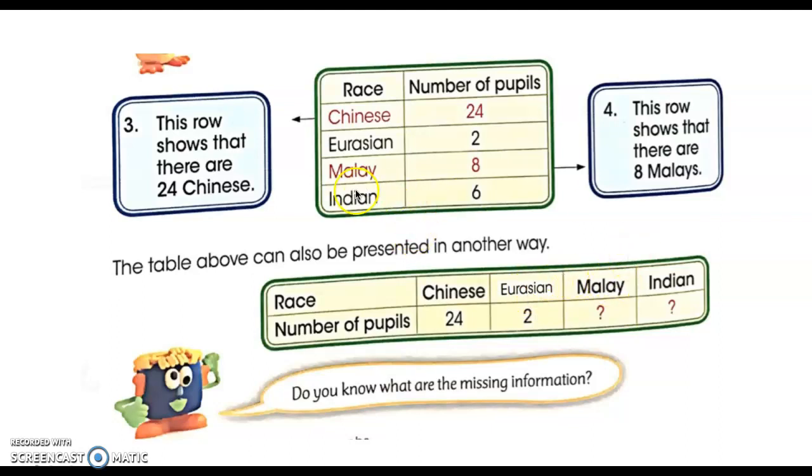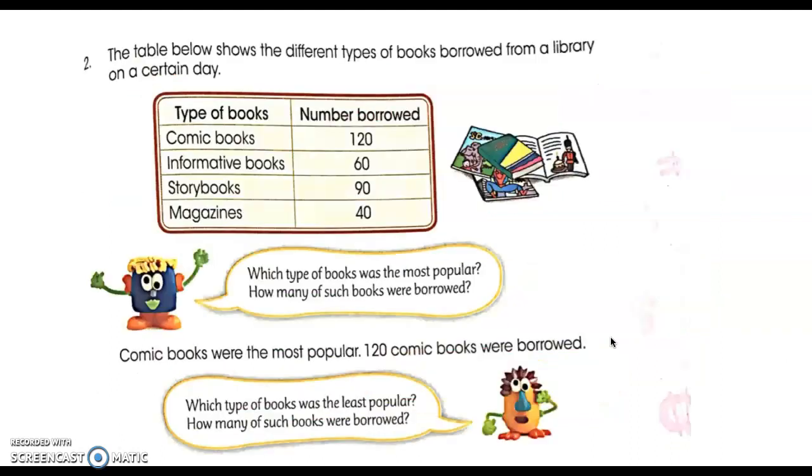Now Malays. Malays are 8, so Malay is written here, the race. So what is the number of pupils from Malay race? 8, right? And then Indian, what is the number of pupils from Indian race? 6, right? So now we have filled up the missing information.